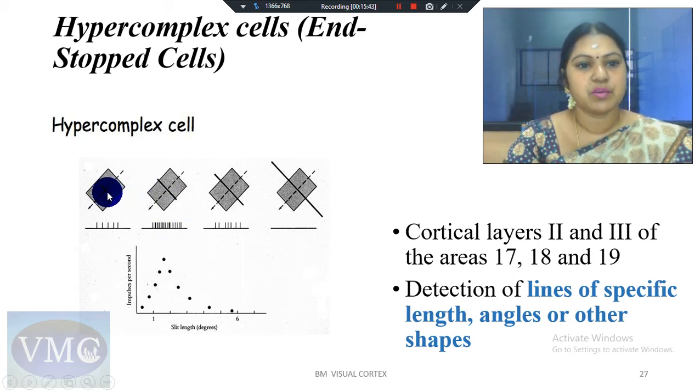If the length is smaller or longer, there is no response. So it responds to the length of the light bar. These cells are present in cortical layers 2 and 3 of areas 17, 18 and 19. Specific detection of lines of specific length, angles or shapes are due to the hypercomplex cells or end-stopped cells.